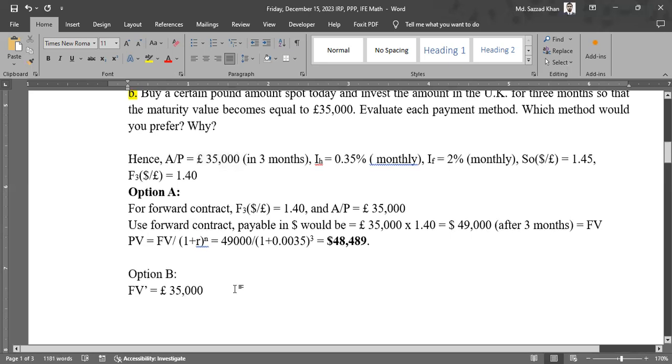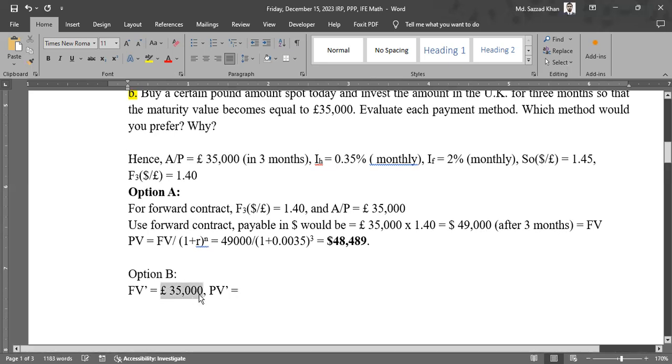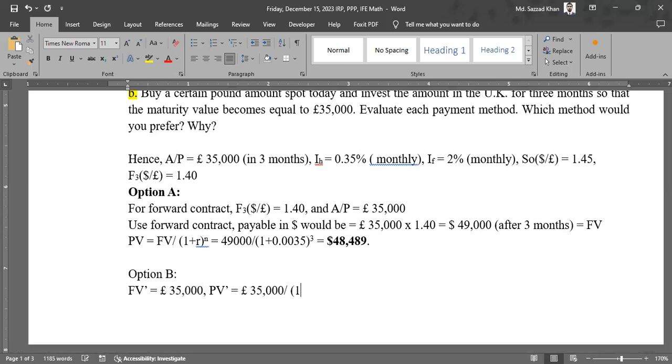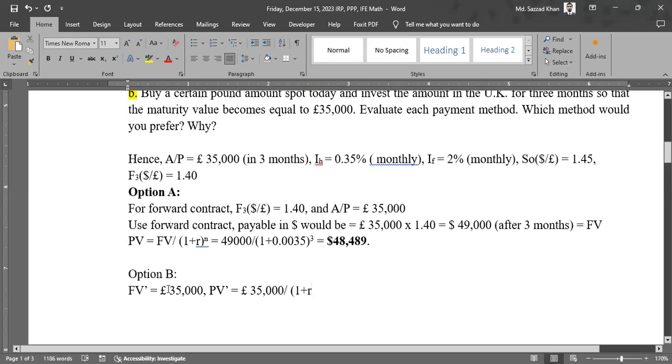So we need to find the present value of it, divided by 1 plus R. Here R will be used for UK, because the currency is in pound. So we are discounting this pound in UK, so we'll use UK rate.